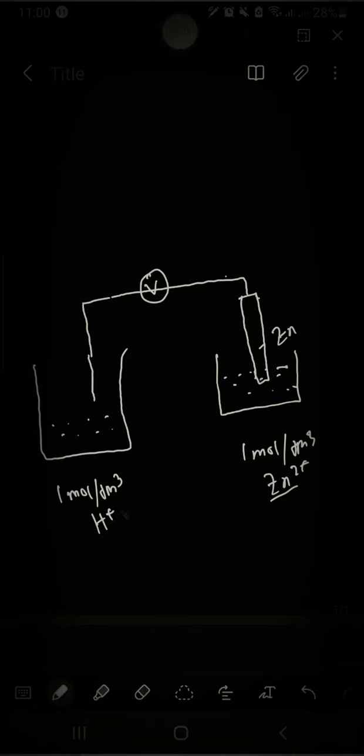You may ask, how do I know that 1 mol/dm³ is present? Well, 1 mol/dm³ hydrochloric acid is equivalent to 1 mol/dm³ H+ ion. So I can write 1 mol/dm³ H+ or HCl as a solution.